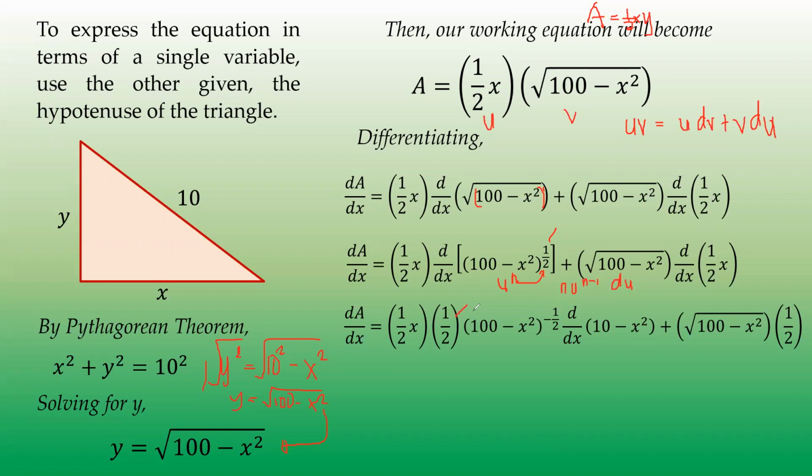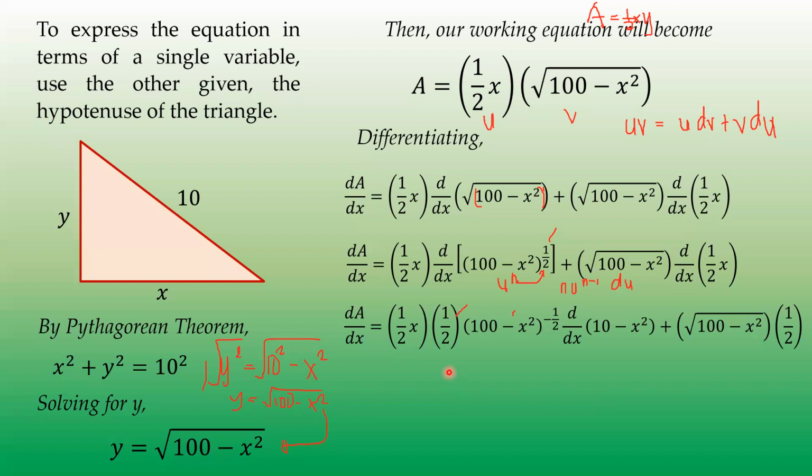This is n, u to n minus 1, 1/2 minus 1 is negative 1/2, du. So, plus square root of 100 minus x squared, derivative ng 1/2 x ay 1/2. Take note, ito yung tinatawag na general power formula, u raised to n, u to n minus 1, du.